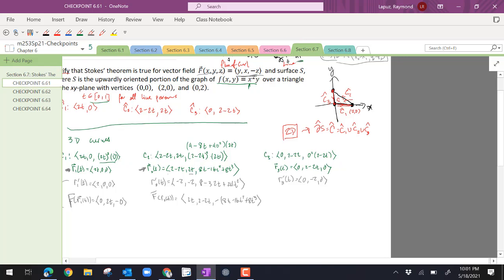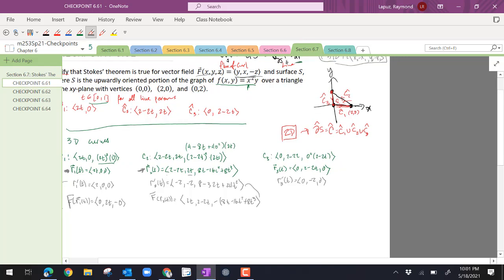And we're going to dot it with this, which does not look pretty. All right, the last one, R3. So f of R3 of t is going to equal, we're going to put y first, so it's 2 minus 2t comma the x second, and then the negative z last, but that's going to be 0 anyways.